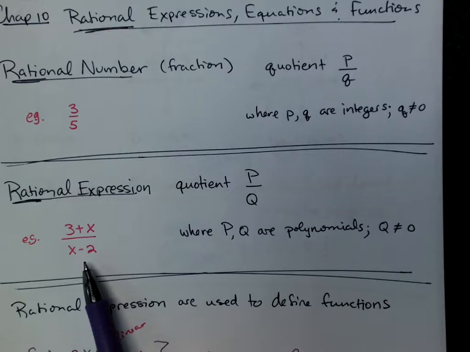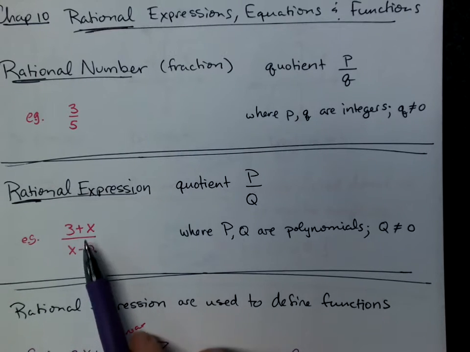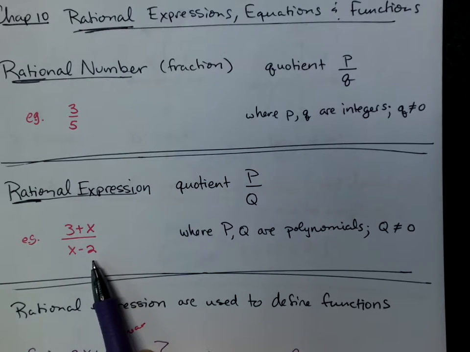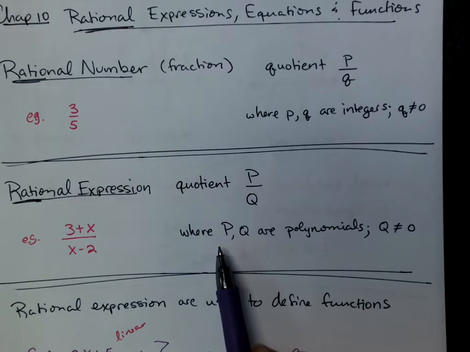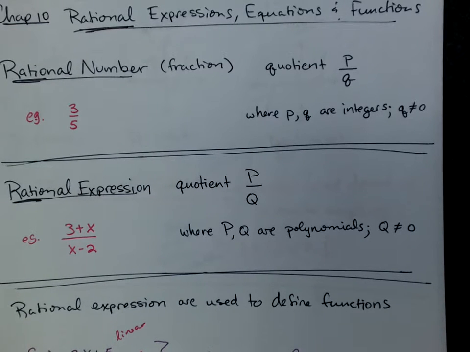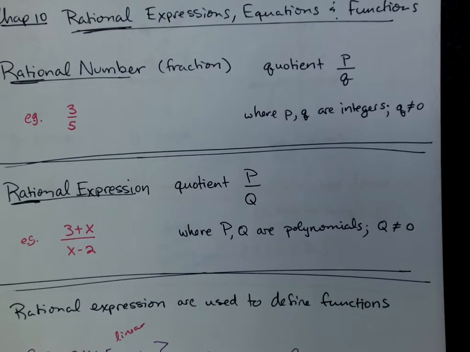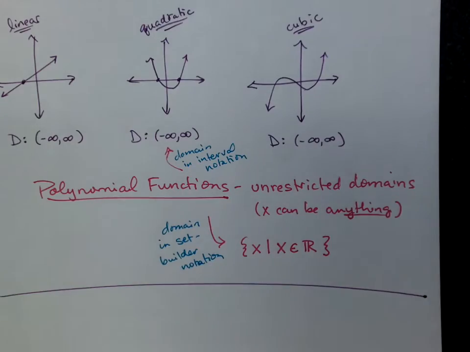Is there anything else that x can't be? 0 is fine, because that would give us 3 over negative 2. Yeah. Just 2. So x is actually still infinite, meaning it can be any real number. That's still an infinite set, except for the number 2. Okay. So we have to be able to write the domain of a rational expression showing what its restrictions are.